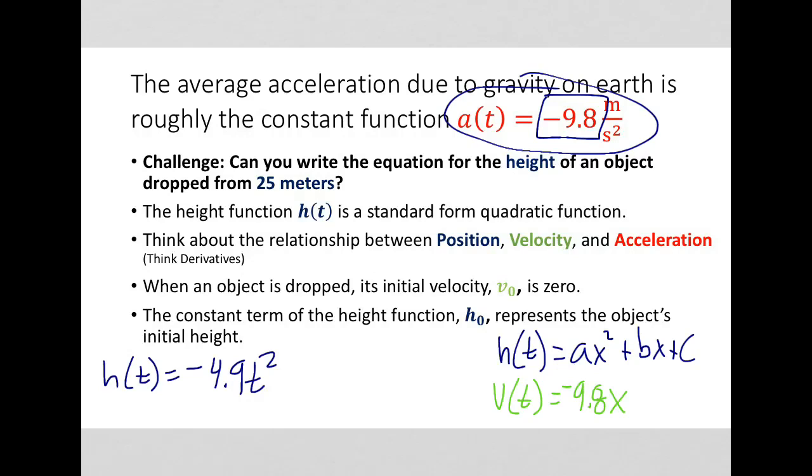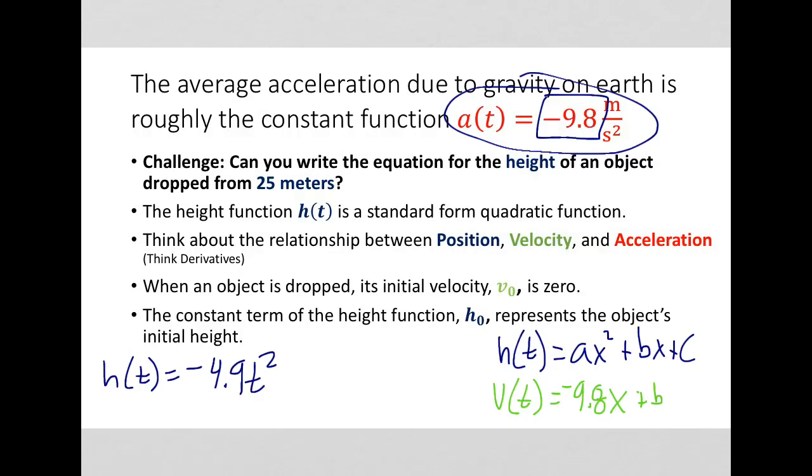Times x plus bx plus c. But think about this. I lied. That's totally wrong. I must be getting tired. Because the derivative of bx is b, and the derivative of c goes away.